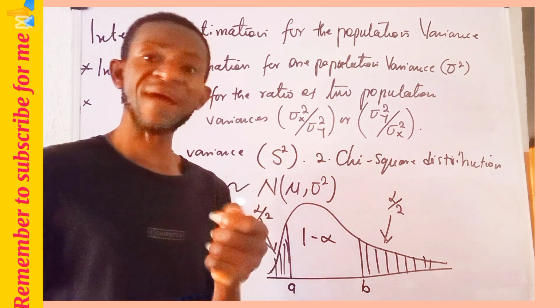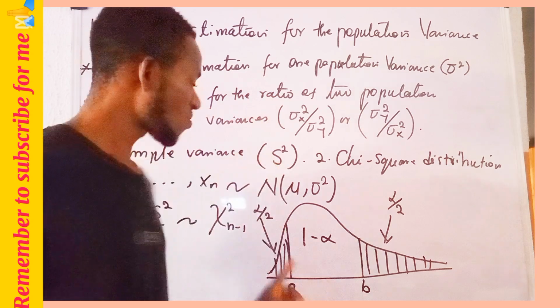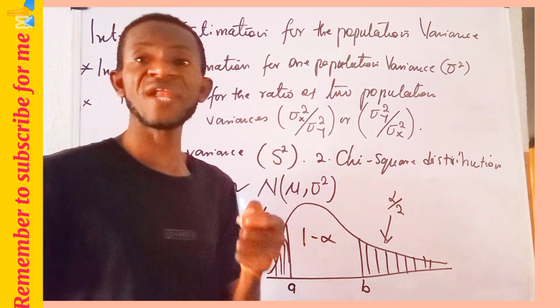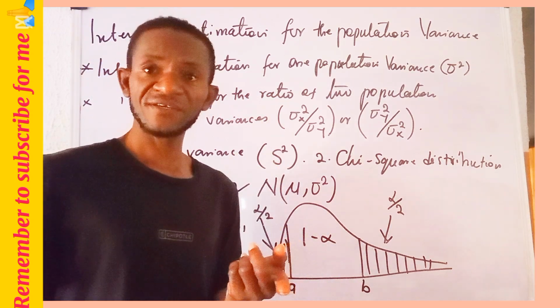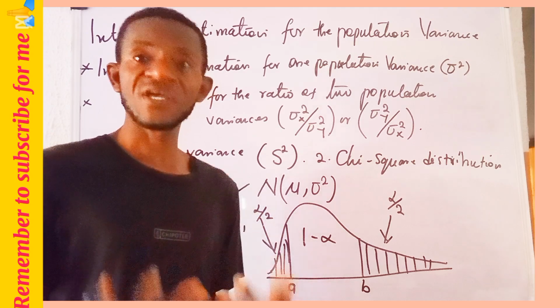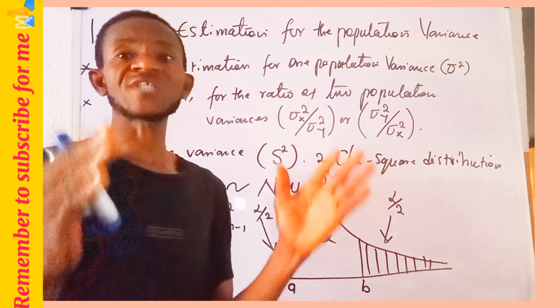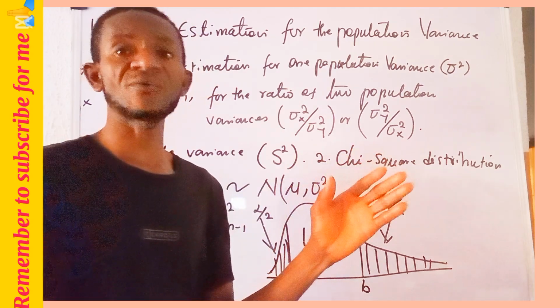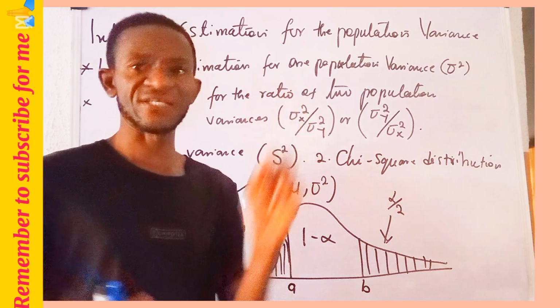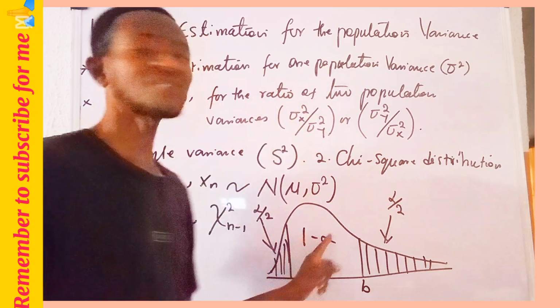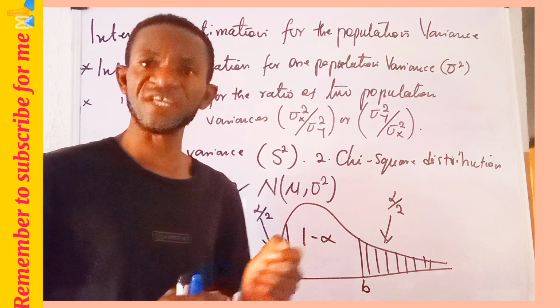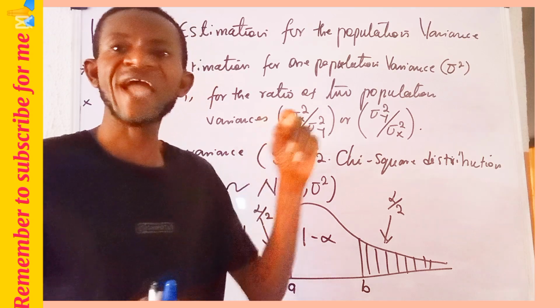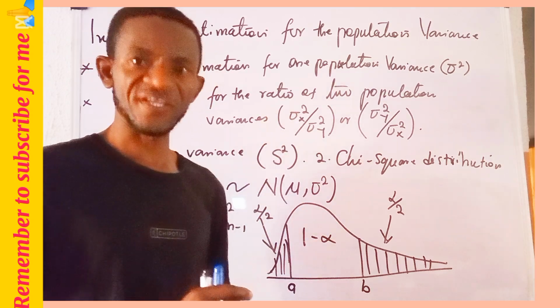And of course, you remember that in interval estimation, 1 minus alpha is what we call the level of confidence. So our concern now becomes: how do we construct an interval that is going to bound our population variance with 1 minus alpha level of confidence?